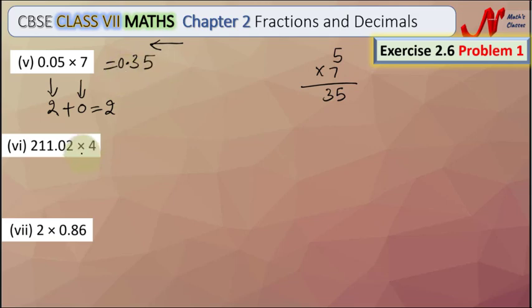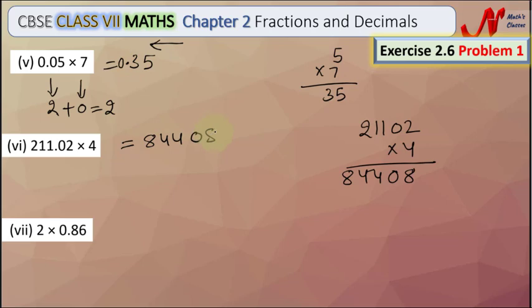Next we multiply 211.02 into 4. To find this product, we multiply 21102 with 4. 4 2s are 8, 4 into 0, 0, 4 1s are 4, 4 1s are 4, 4 2s are 8. So we get the product 84408.